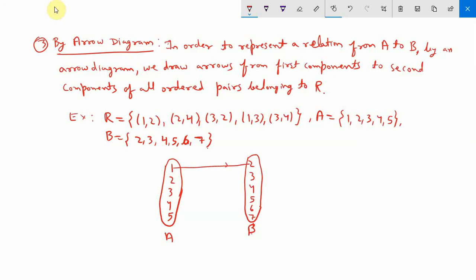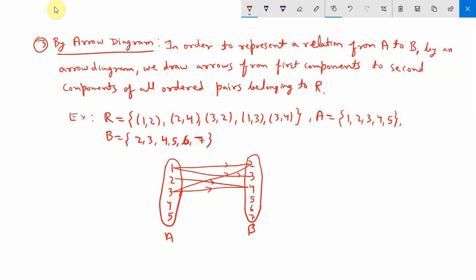Then 2 is related to 4. 3 is related to 2. 1 is again related to 3. And 3 is also related to 4. So in this way, we represent a relation from set A to set B.